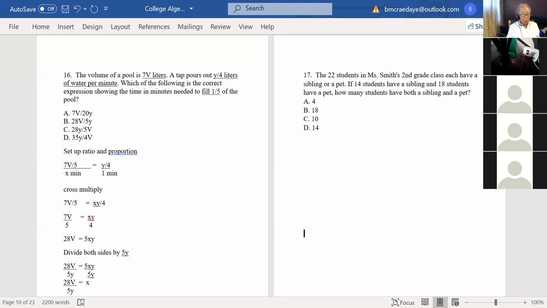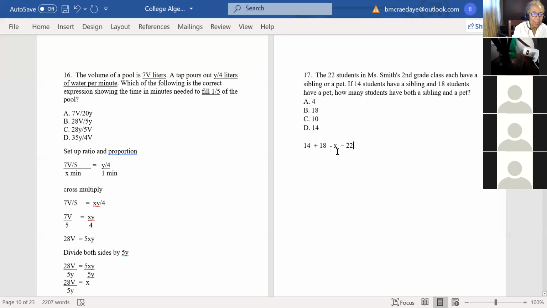So you gotta add 14 and 18, which is 32, and subtract some unknown variable from it to get 22. 32 minus x equals 22. So x is 10. Because the thing is, it says both.